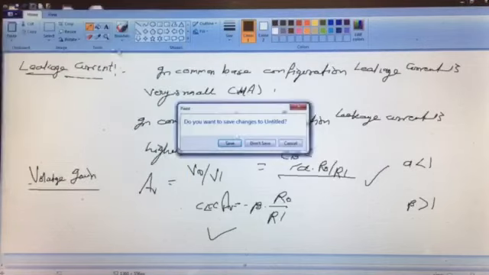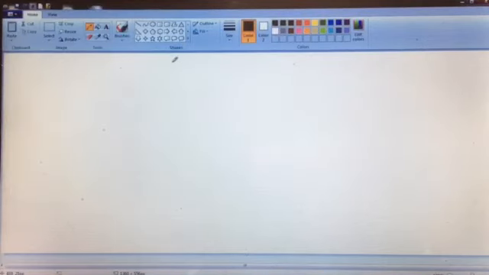Now some parameters of the configurations. We have taken common base configuration, common emitter configuration, and common collector configuration. Our first parameter is input dynamic resistance. For common base configuration, input dynamic resistance is very low, and for common collector configuration it is low.